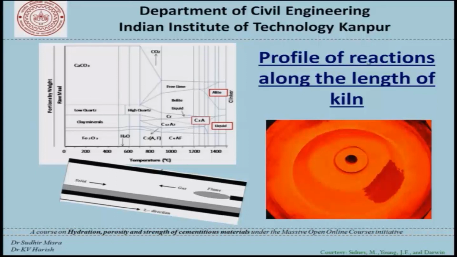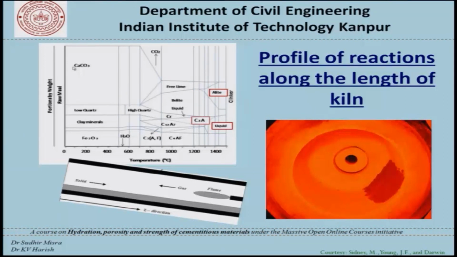The profile of reactions along the length of the kiln is shown in the figure. What you can see is the kiln that is inclined at some angle to the horizontal, and the y axis shows the proportions by weight, and the x axis shows a temperature ranging from normal temperature to about 1450 degrees Celsius.